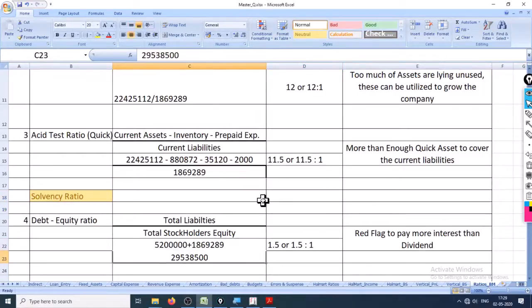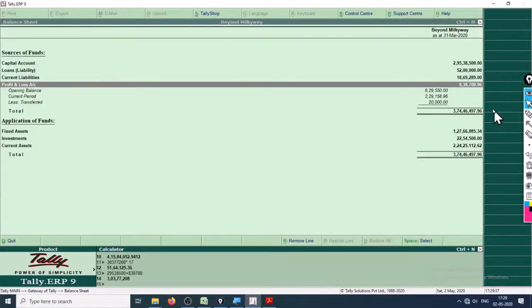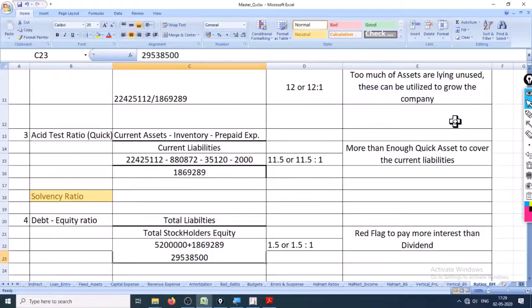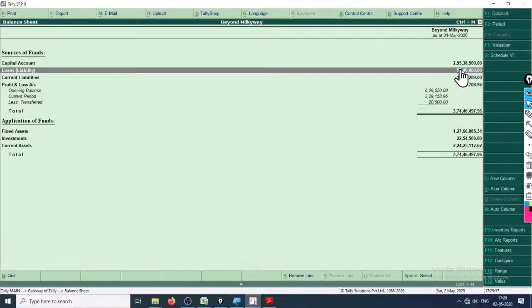I know one thing, that this amount should be added with the profit and loss account, which is also transferred as retained earnings, that is 838708. Let's now calculate it. Total liability is 52 lakhs plus current liabilities. Do we have anything else that should not be here?